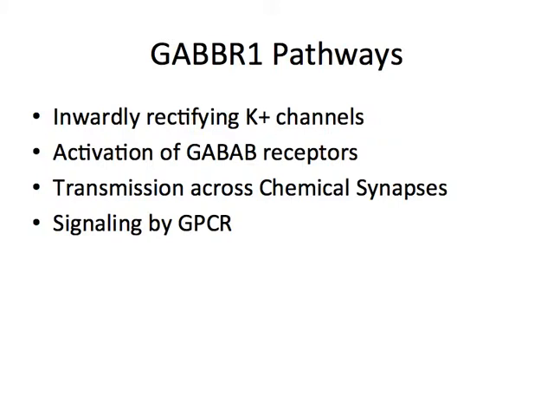GABBR1 is involved in several pathways. The main ones are inwardly rectifying potassium channels, activation of GABA B receptors, transmission across chemical synapses, and signaling by GPCR.